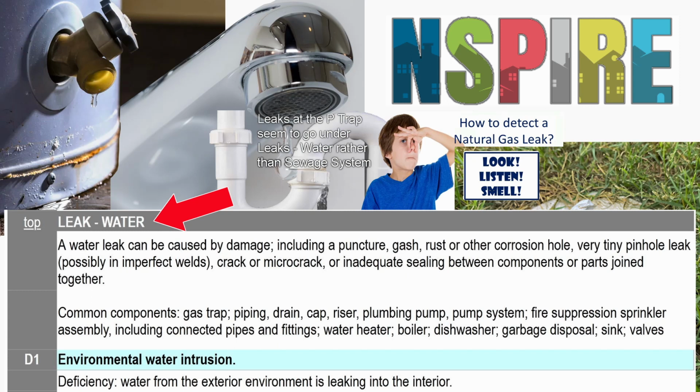Common components include gas trap, piping, drain, cap, riser, plumbing pump, pump system, fire suppression, sprinkler assembly, including connected pipes and fittings, water heater, boiler, dishwasher, garbage disposal, sink, and valves. So it appears that a leak at a garbage disposal comes under plumbing leaks, not under sewage leaks.